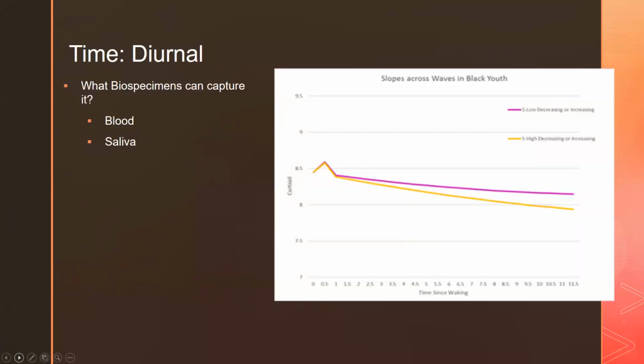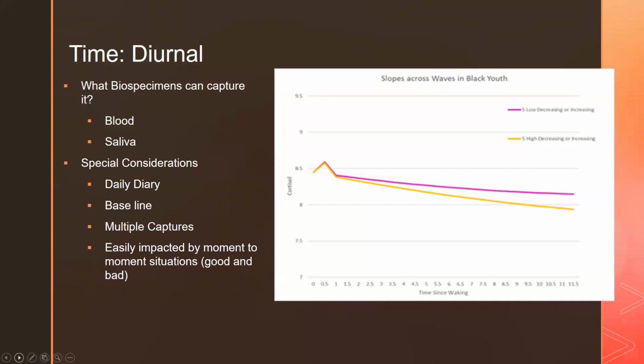Okay, so time. Diurnal. What biospecimens do we typically use to capture diurnal rhythms? Blood and saliva. Those are the two that we typically go with. There are special considerations. If your research question has a question about diurnal rhythms, you do have to consider keeping a daily diary.